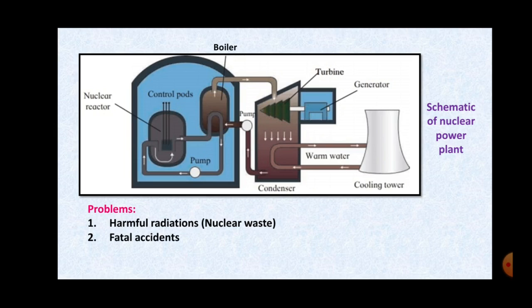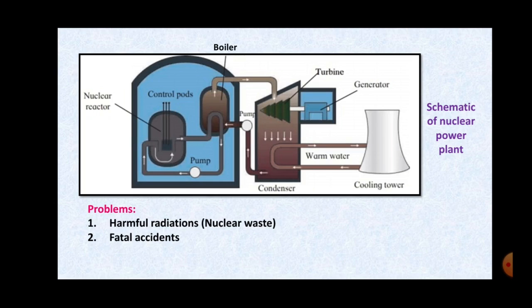Then the second problem is fatal accidents. If you are reading the newspaper or hearing the news, many times you hear that in a nuclear power plant an accident has taken place and radiations are being given out from the plant. So if a nuclear power plant meets with an accident, it is very fatal, because the accident results in harmful radioactive radiations, and as I said, these radiations are very harmful because they make changes in the chromosomes.